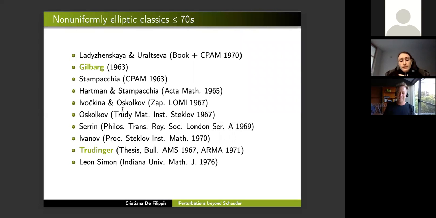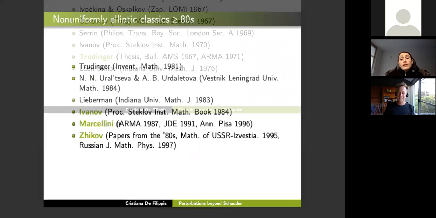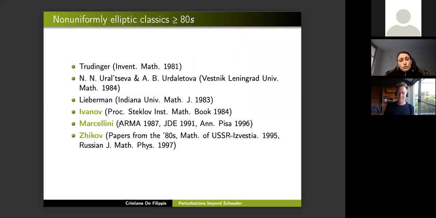Lots of brilliant mathematicians worked on these issues. And also after the 80s, we remember the contributions of Trudinger, Ural'tseva, Kurdyumova, Lieberman, Ivanov, Marcellini, and Zhikov. What is in particular worth mentioning after the 80s are the contributions of Paolo Marcellini and of Vladimir Zhikov.